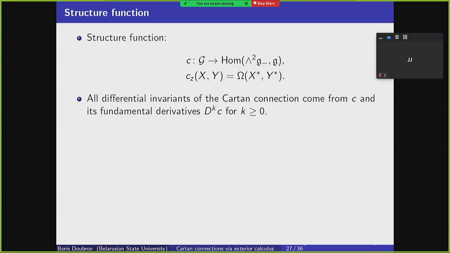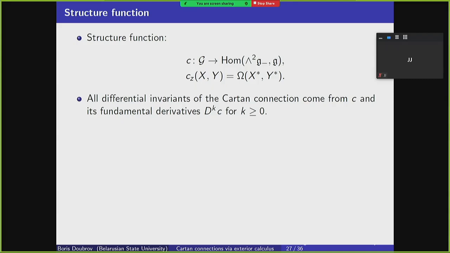It's not strictly correct because, of course, for the structure function you can plug also elements from G, but as soon as these elements sit in the vertical direction, in G naught, we know that the curvature vanishes, so we can really project this into lambda squared G minus.